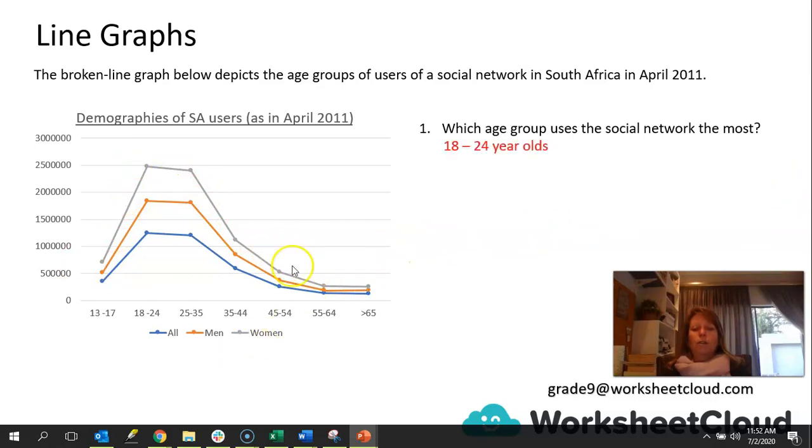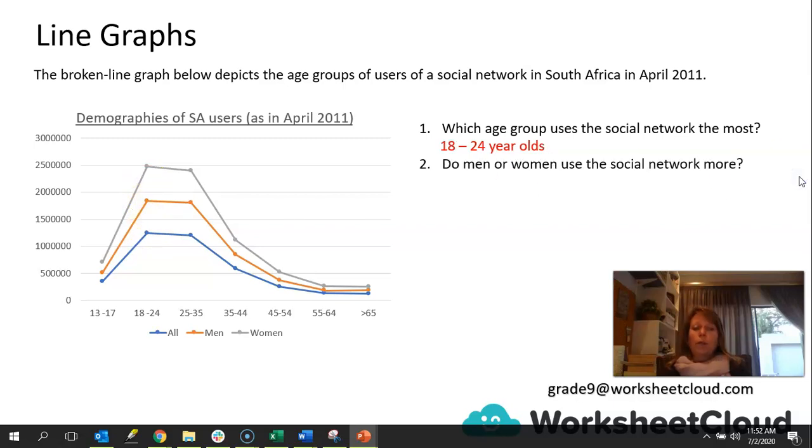Sorry, it's the age group, not who does. The age group at the highest point is the 18 to 24-year-olds. I totally read that incorrectly. So on all 3 of the graphs, you can see that it's the 18 to 24-year-olds that actually use the social network the most.